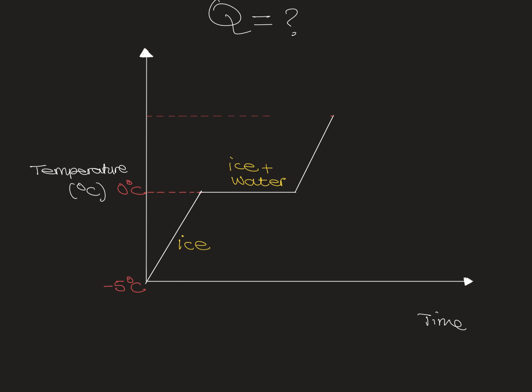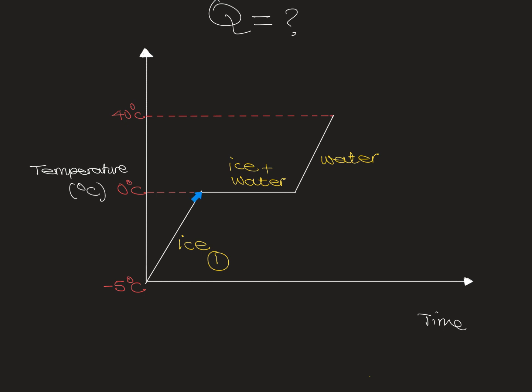So that is the temperature of water at 40 degrees Celsius. That is water here. So as you can see, we will have three stages. We'll have ice at minus 5 degrees Celsius to ice at 0 degrees Celsius as the first stage.